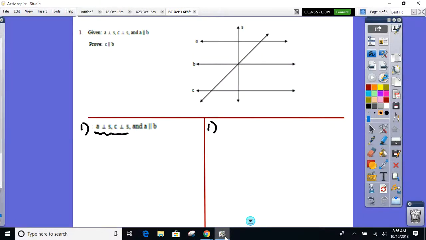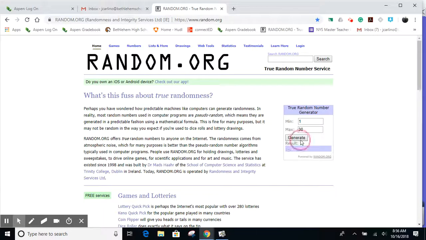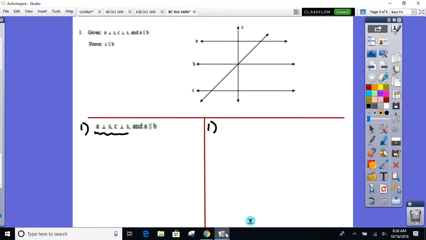Notice anything about A and C? They're both perpendicular to S, the same line. What does our theorem say about two lines that are perpendicular to the same line? They would be parallel to each other. So because A and C are both perpendicular to S, they must be parallel to each other.